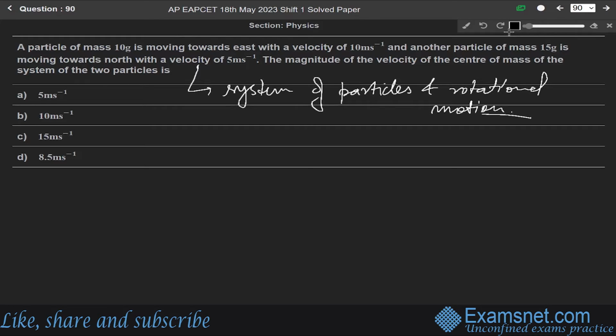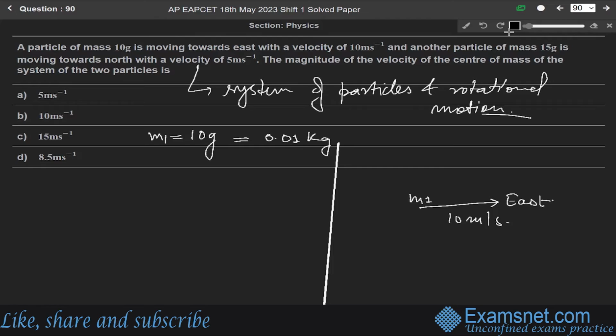We are given a particle of mass 10 gram, so m1 is 10 gram. It is moving towards east. Let us say this is the east direction, so m1 is moving in this direction with a velocity of 10 meter per second. This will be equal to 0.01 kg. And another particle of mass 15 gram is moving towards the north direction. Let us say this is the other particle.